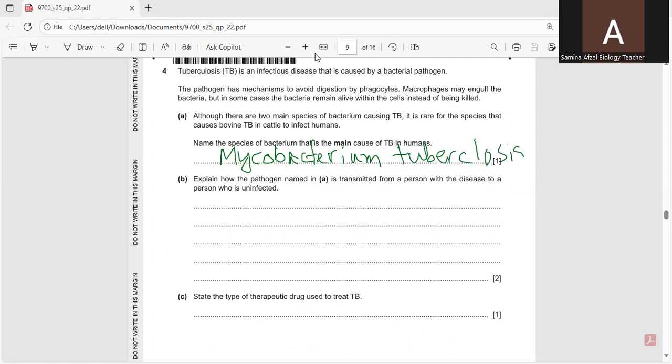Simply, they have asked for the name of that pathogen. Next: explain how the pathogen named is transmitted from a person with the disease to a person who is uninfected.